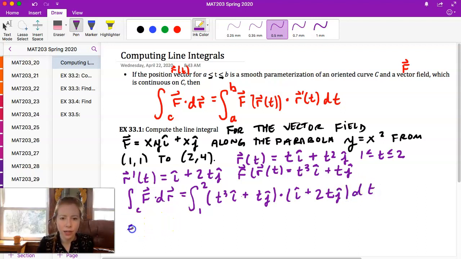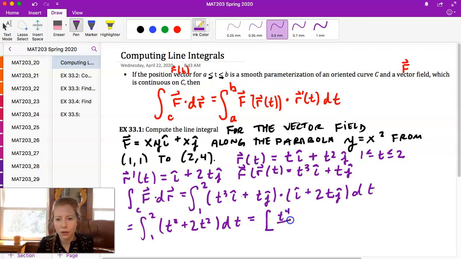So the dot product then is going to be, we have the integral from 1 to 2 of t cubed times 1, which is just going to be t cubed, plus t times 2t, which is going to be 2t squared. All right. And so then if we integrate, that's going to be t to the 4th over 4 plus 2t cubed over 3, evaluated from 1 to 2.